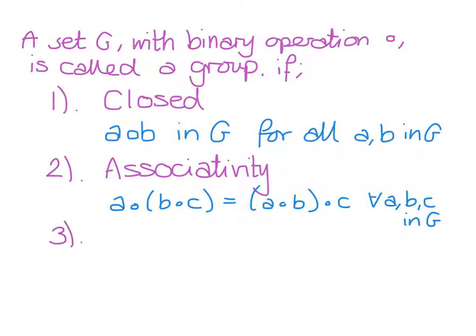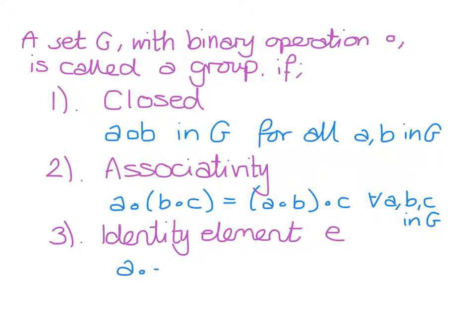There must be an identity element, which I'll call E. So as above, we need an identity element E such that A dot E equals E dot A, which equals A.